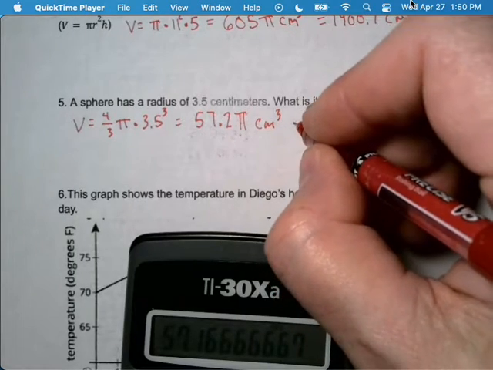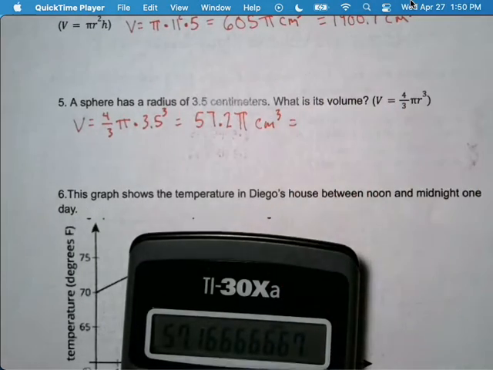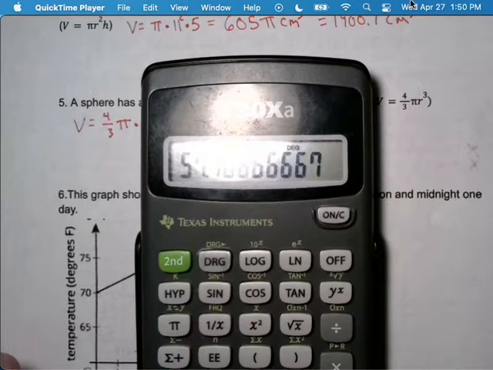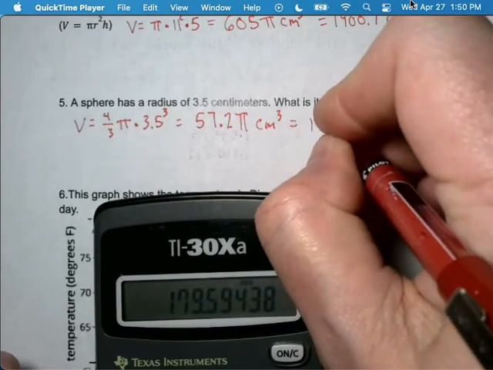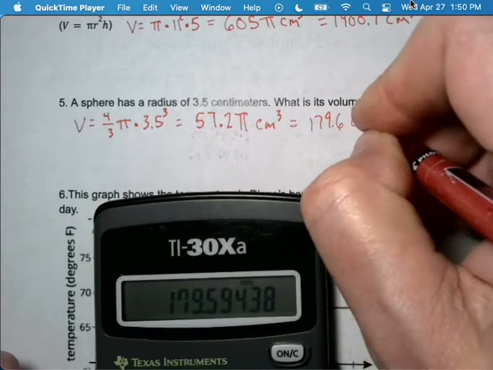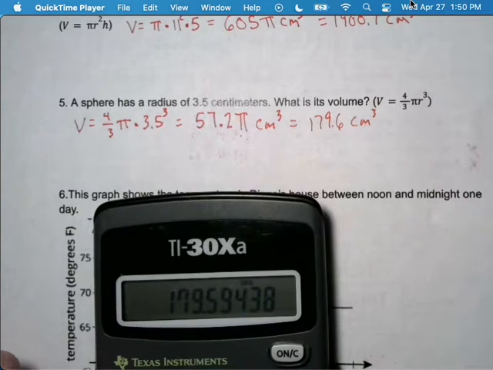Or if you want to hit times pi, 179.6. I'm okay with either way.